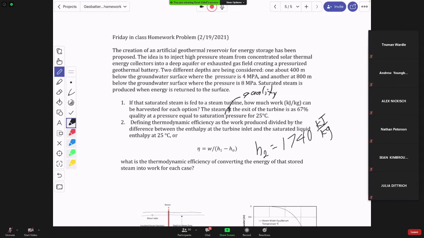So what do we get for the work being produced for each of those different cases?